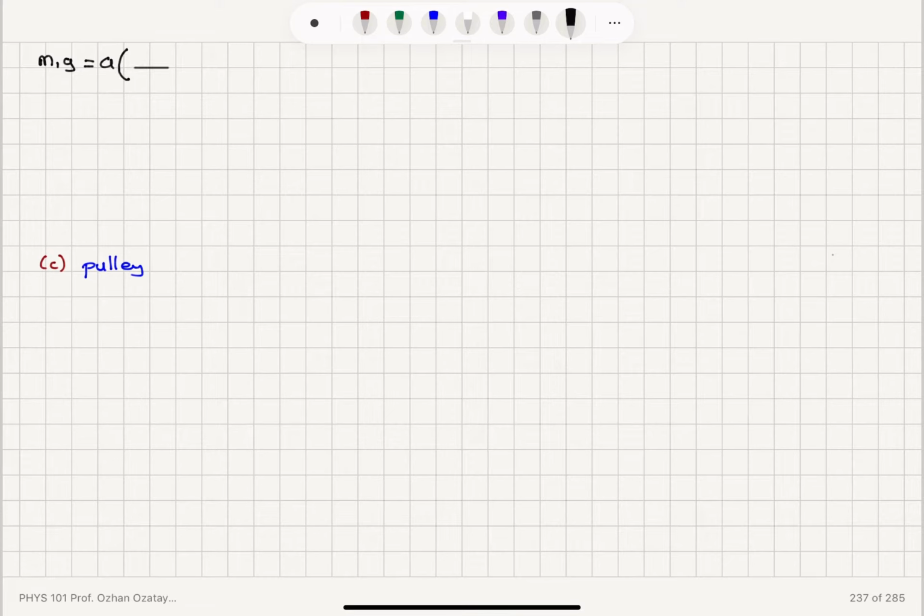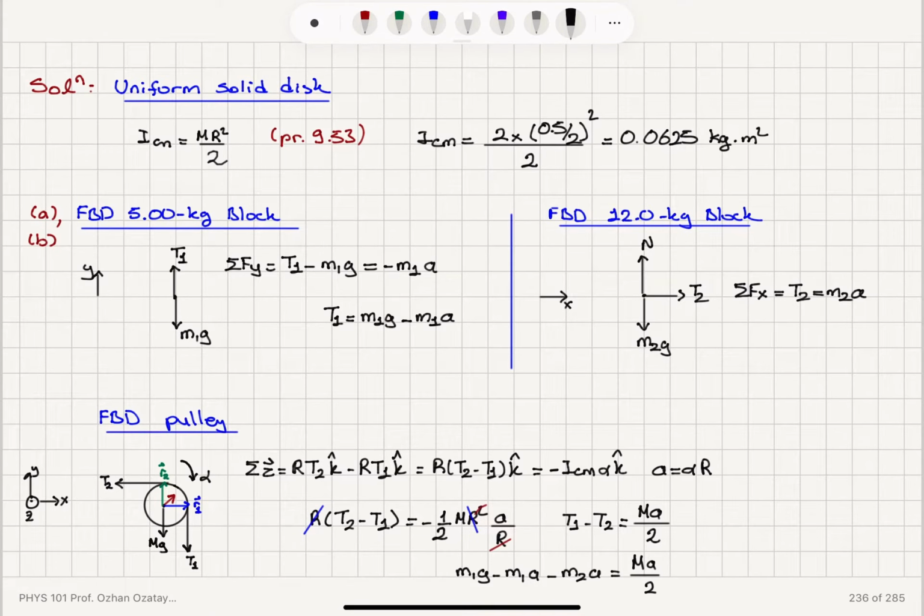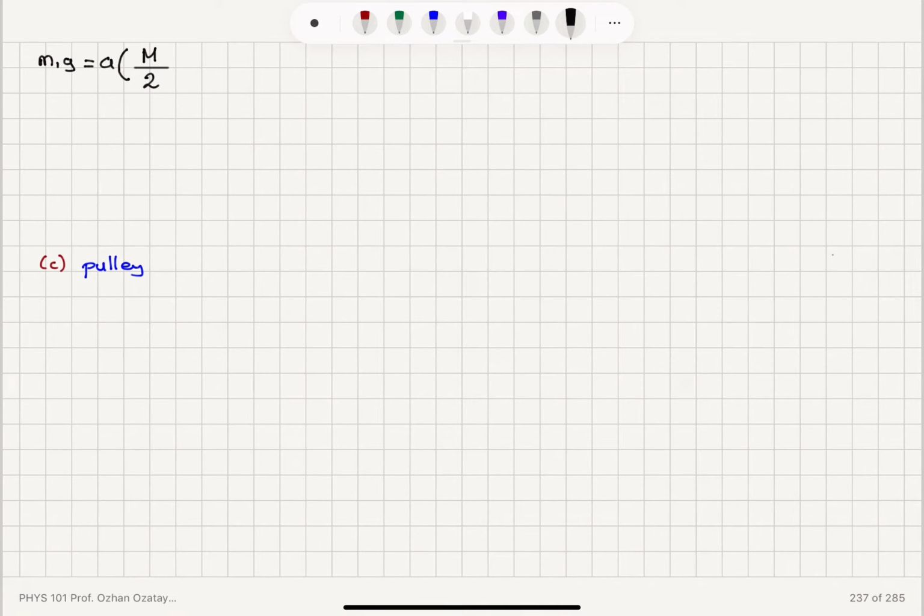The first term is capital M over 2. The second term is M1 and the third term is M2. So plus M1 plus M2. So we find that the magnitude of the acceleration, common acceleration, will be M1G divided by capital M over 2 plus M1 plus M2.